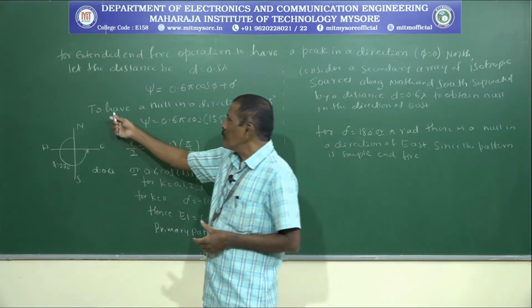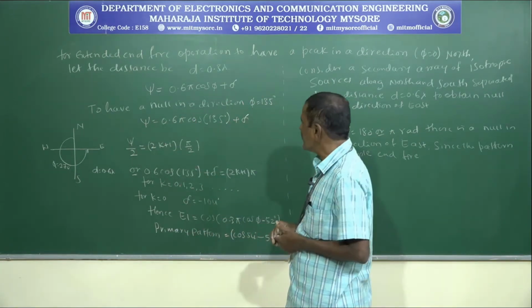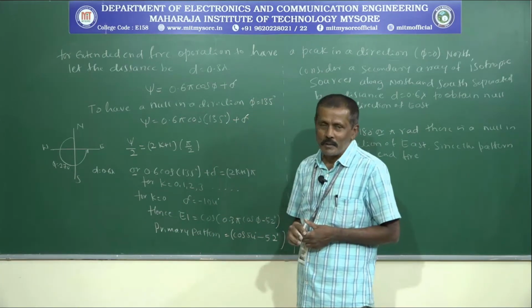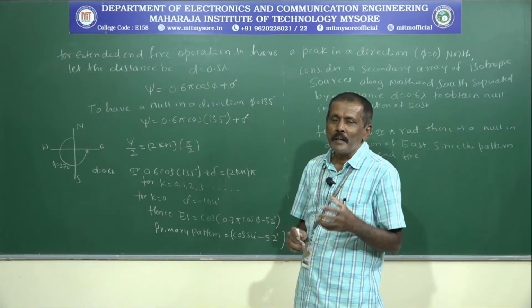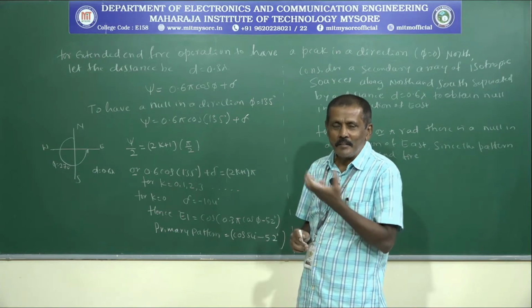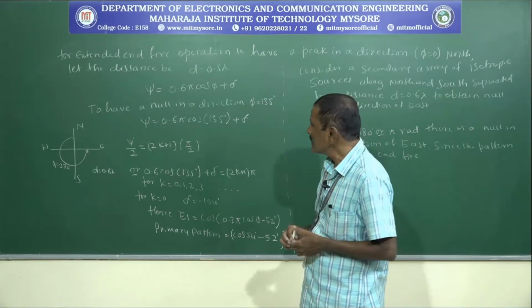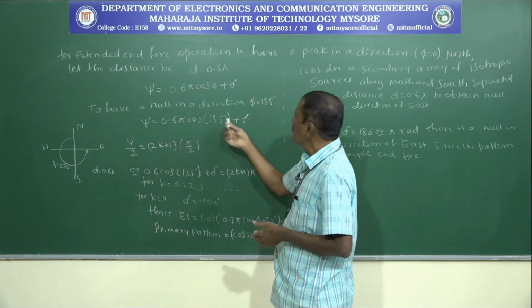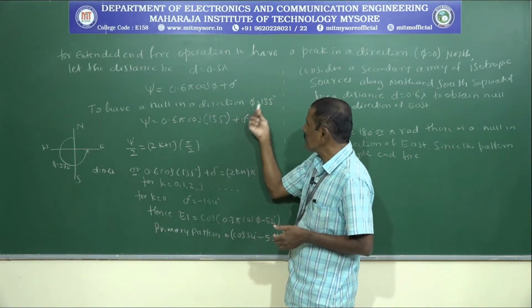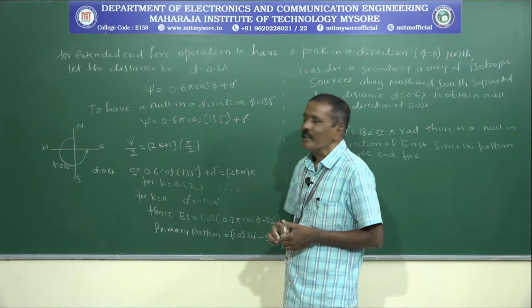Then to have a null in the direction phi equal to 135 degrees, psi is equal to 0.6 pi cos of 135 plus delta.